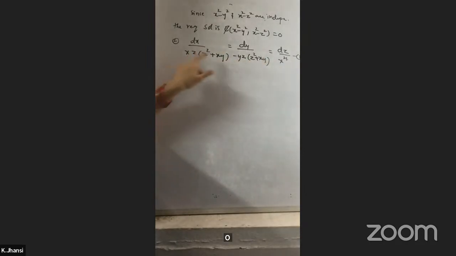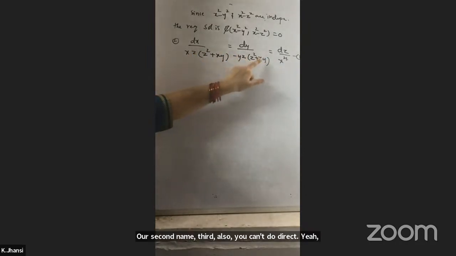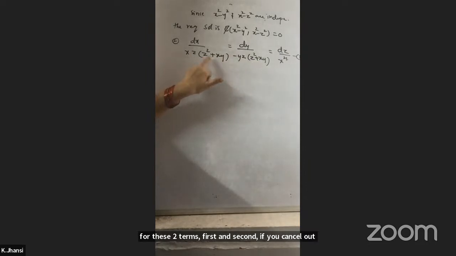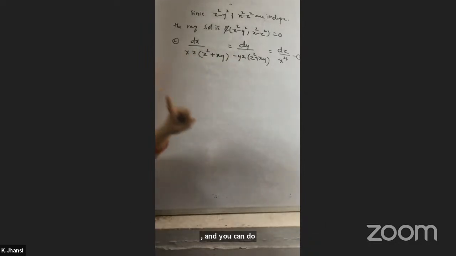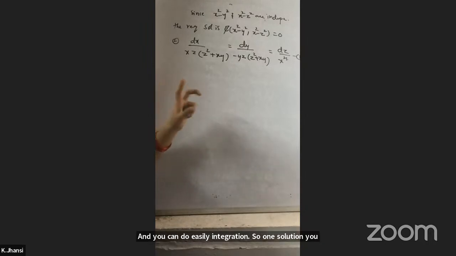But here, for these two terms, first and second, if you cancel out z square plus xy, z square plus xy, and y and z and z, then you will get x and y. And you can do easily integration. So one solution you will get easily, but second solution you will not get as a direct procedure.